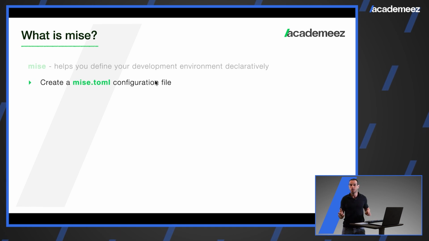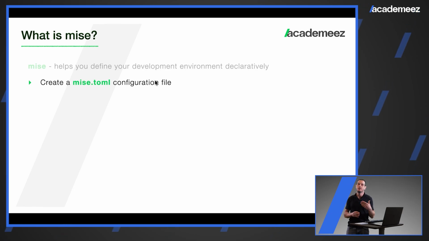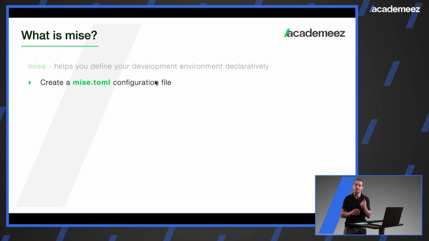In this configuration file, you have stuff like the apps that you need to install. If you're on a Node project, it could be Node. If you're a Python project, it could be Python. If you're an infrastructure as code project, it could be your infrastructure as code tools. In our case, we can specify that we want to install OpenTofu and Terragrunt. So that file contains configuration and information about your environment that Mise can process to create your environment.